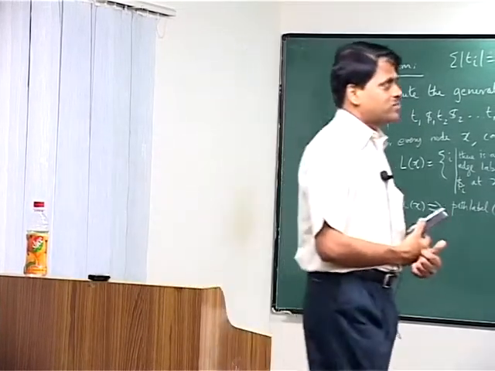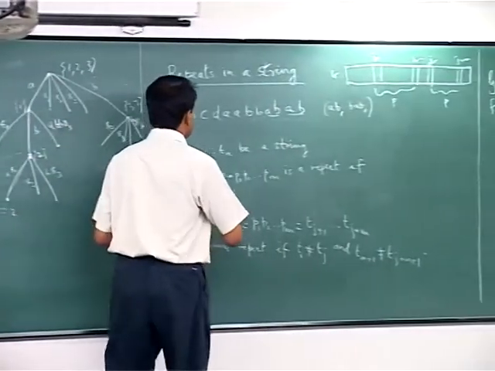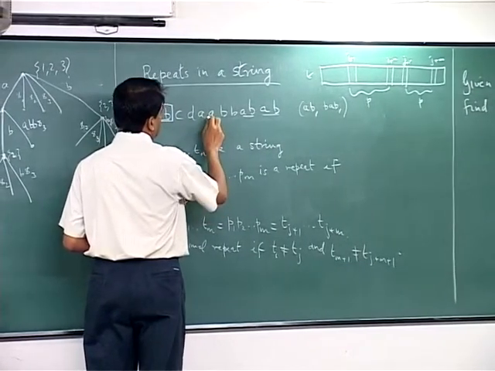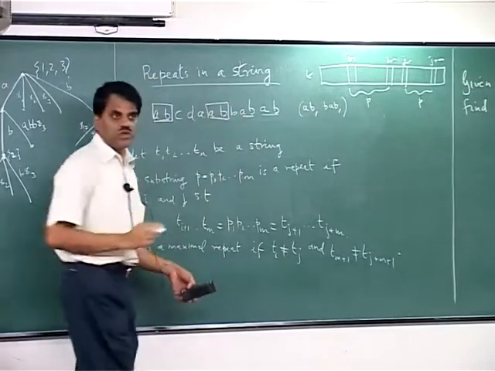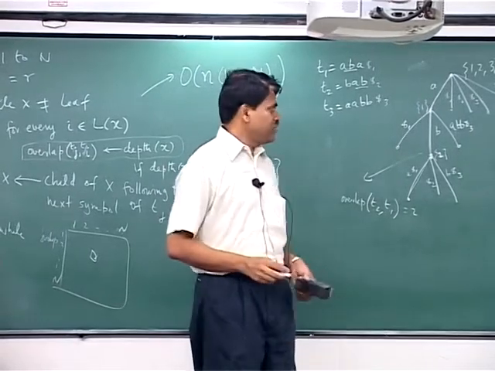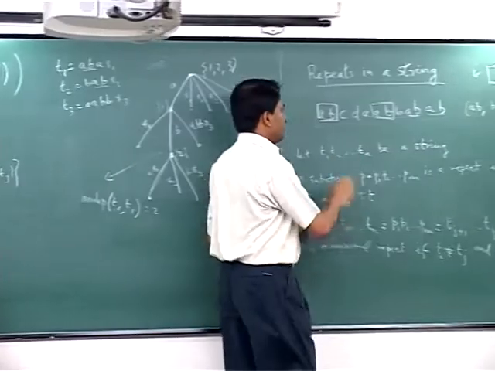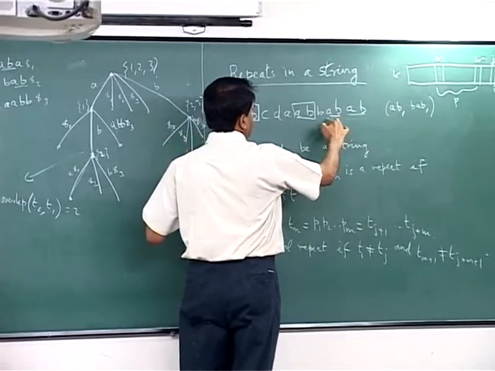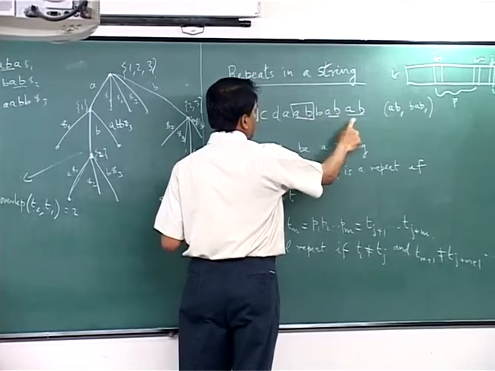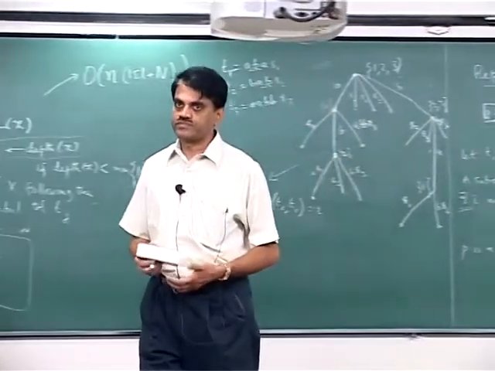Is AB a maximal repeat? I thought somebody would ask me that. Yes, for this reason. If you take this occurrence of AB and match it with this occurrence of AB, then you can't extend. So it's a maximal repeat, because there exist i and j is all I care about. You are right that if I look at these two, then yes, I can extend it by a B. So AB is also a maximal repeat.